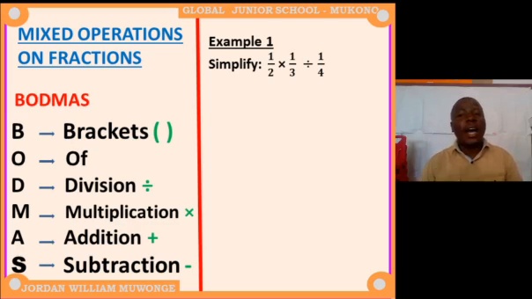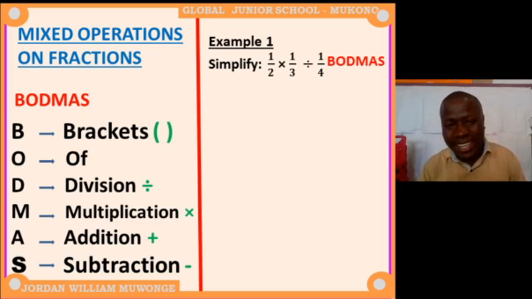Now, when you look at this number given to us, remember I told you we are supposed to follow the order of BODMAS. Now, out of all the letters that make up the word BODMAS, which operations have they given us in this number? Yes, can someone tell us out there?